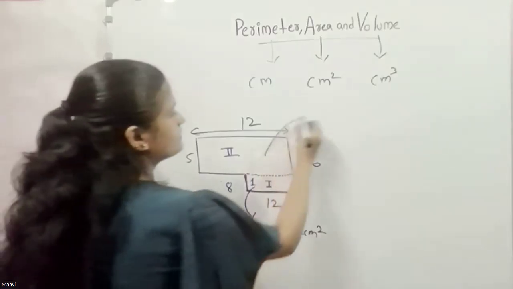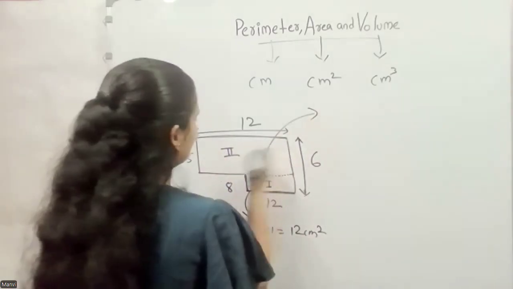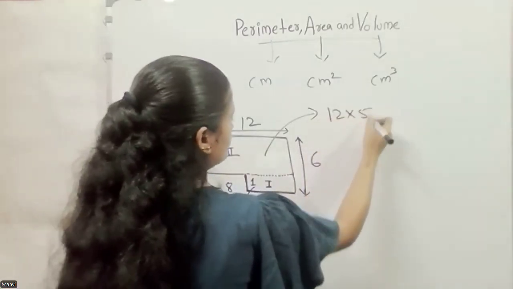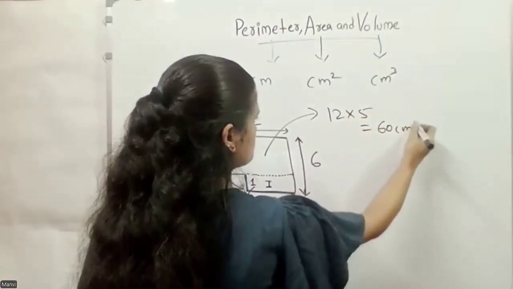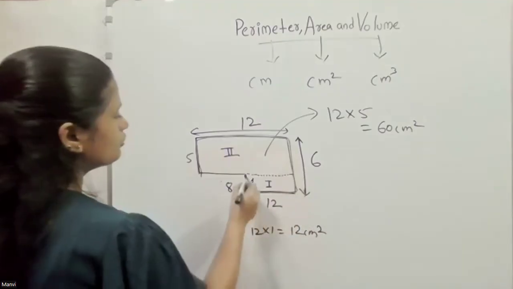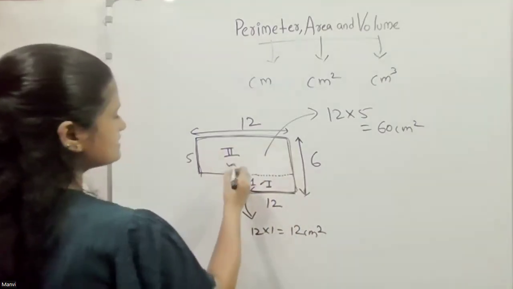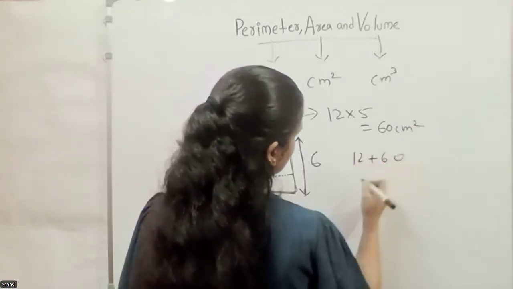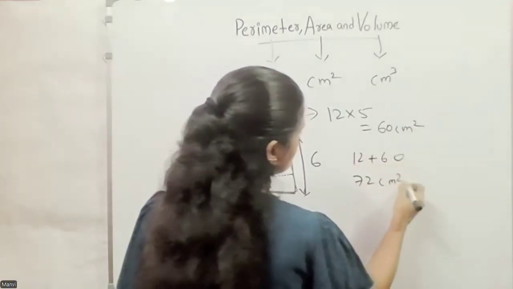For this shape, the length is 12 and the width is 5. So area will be 12 times 5, which is 60 centimeters square. Now, for this whole shape, we need to add this shape plus that shape, which is 12 plus 60, which is 72 centimeters square.